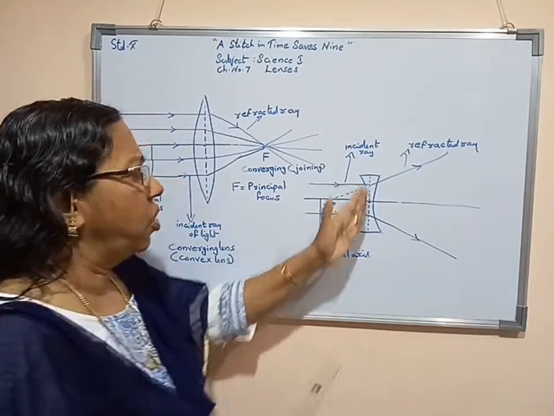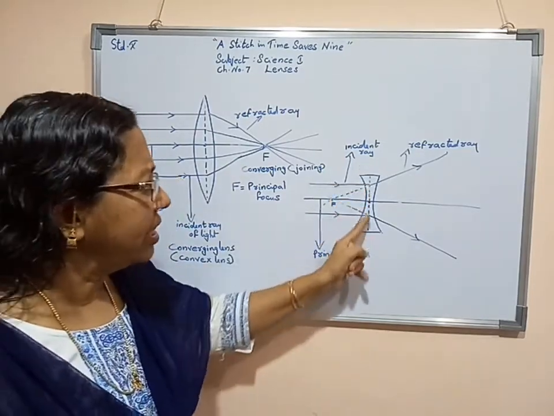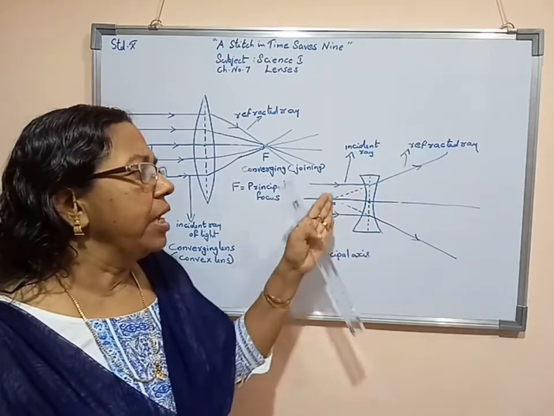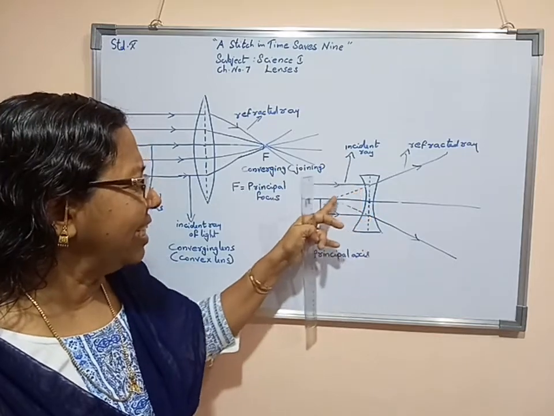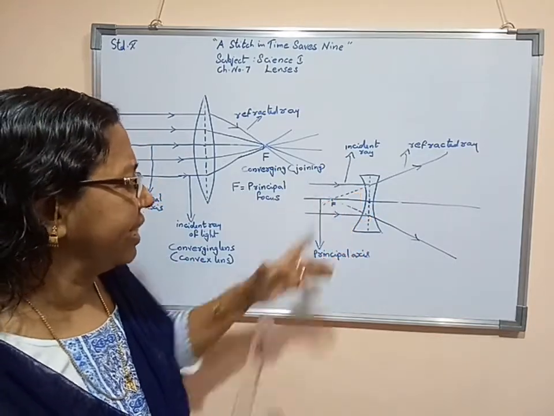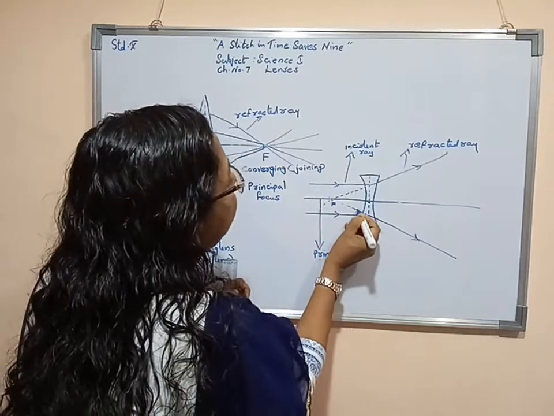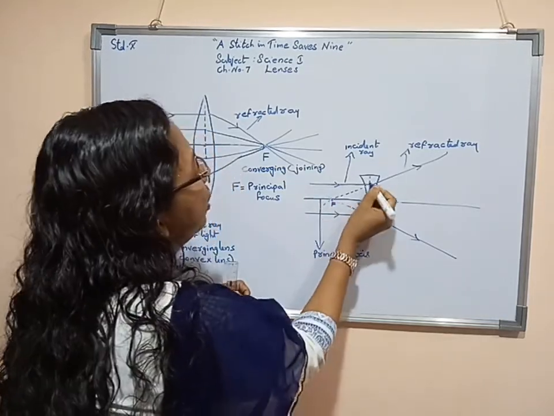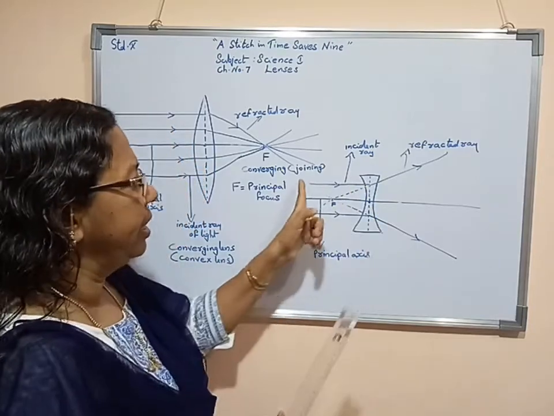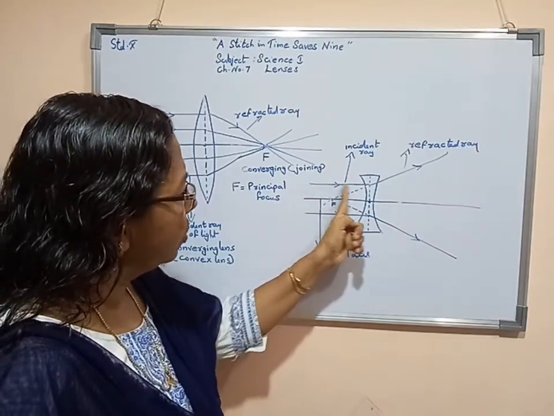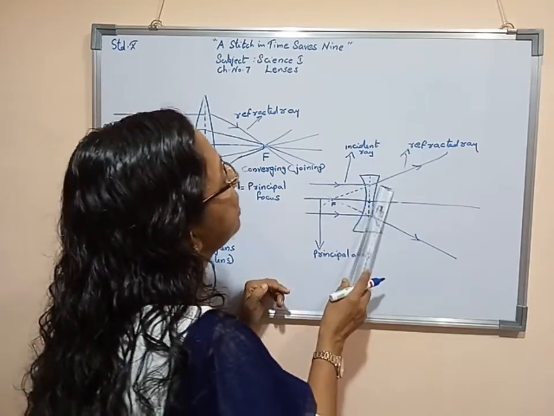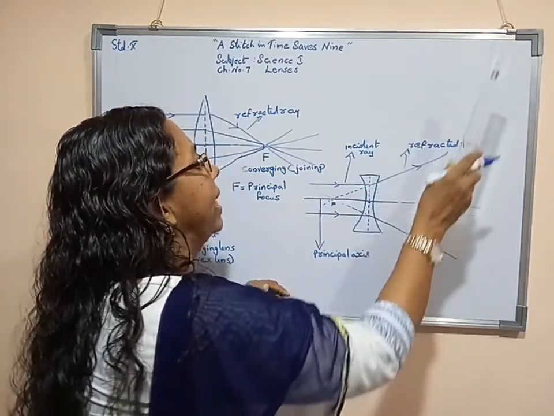In the case of a concave lens, the principal focus forms on the same side, but this is an imaginary principal focus. It is not formed directly. We are just developing the lines. Here you see, this line goes and joins at the center of the concave lens. Afterwards it diverges and goes in another direction.